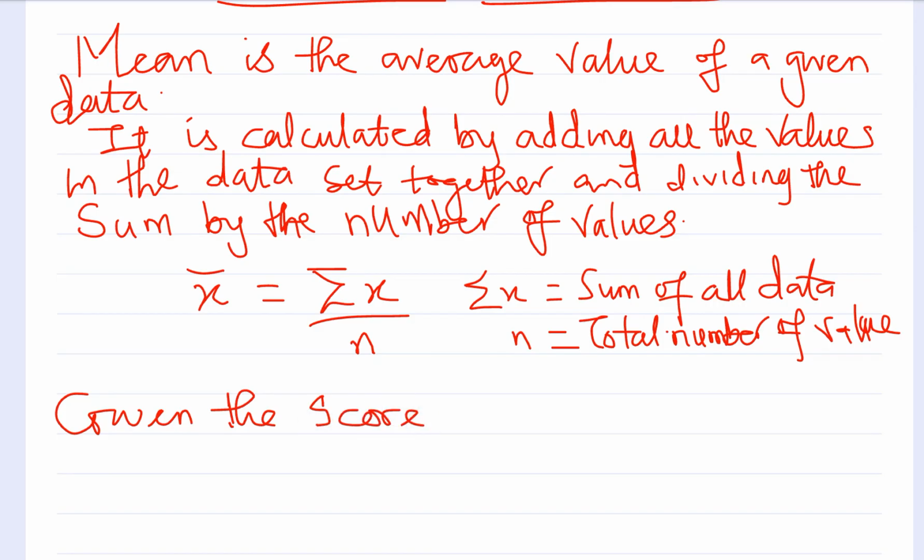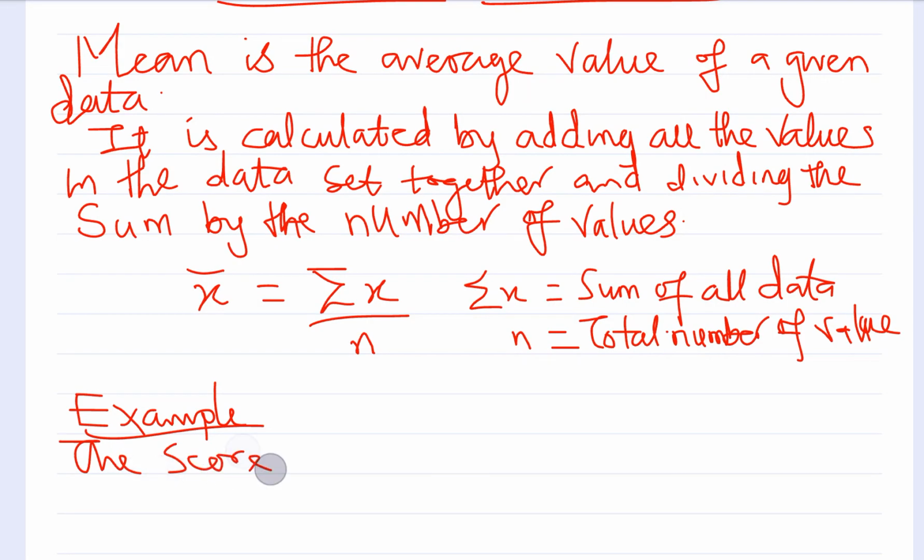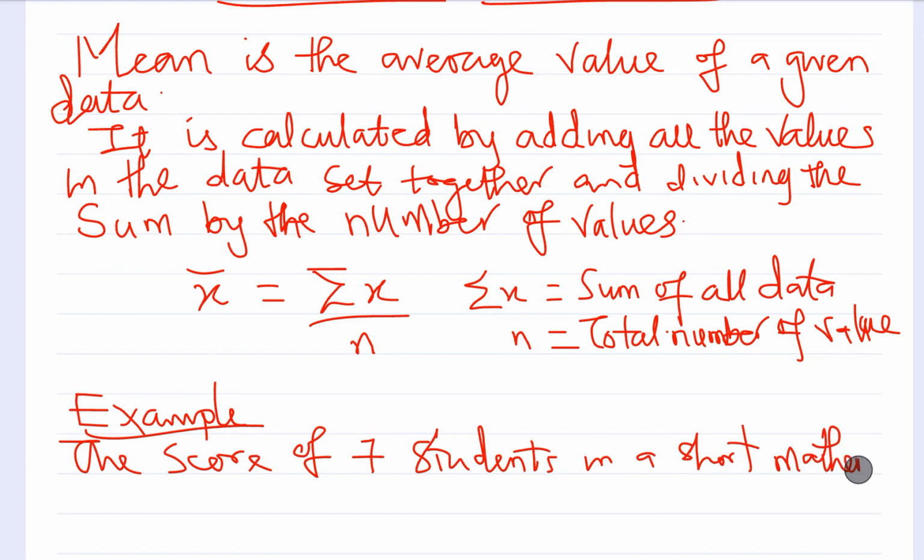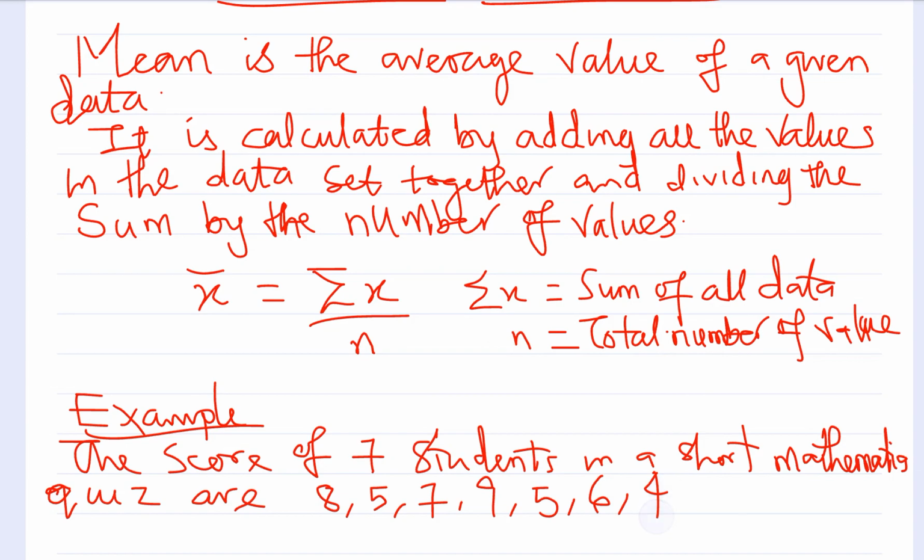The scores of 7 students in a short mathematics quiz are, now look at the scores: 8, 5, 7, 9, 5, 6 and 4. 1, 2, 3, 4, 5, 6, 7.